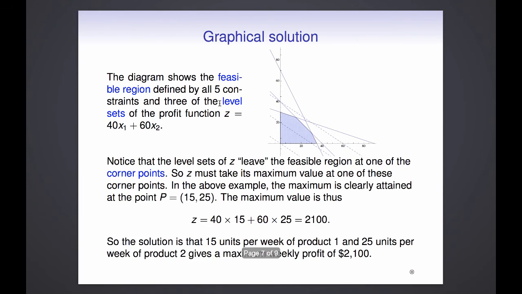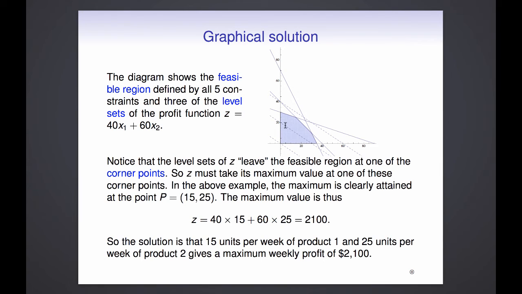So the idea is to draw some of the level sets for this function z. If you just pick z to be a specific value and draw the corresponding line, you'll get one of these dotted lines. As z varies, you get lines that are all parallel to each other. So for instance, this one going through the origin is the equation 0 equals 40x1 plus 60x2.